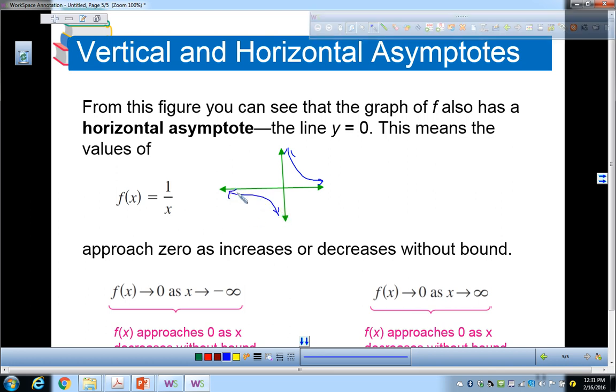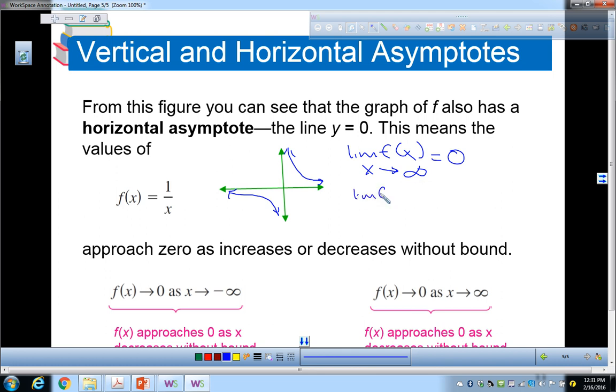Another way to write what they have here is the limit of f of x as x goes to infinity is equal to 0. That's what this says right here. F of x goes to 0 as x gets very, very big. So as this number becomes very, very big, I get very, very close to 0.